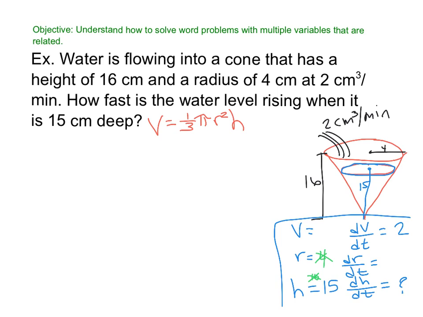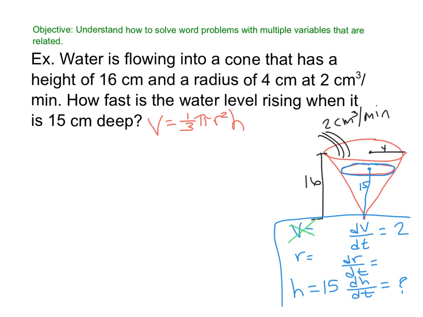So notice we have no information about dr dt. We don't know the volume, but we don't really need the volume because when you take the derivative of V, it's just dV dt. That's a really common thing where you don't know your V. So here's why they gave that to us. We don't know the radius.